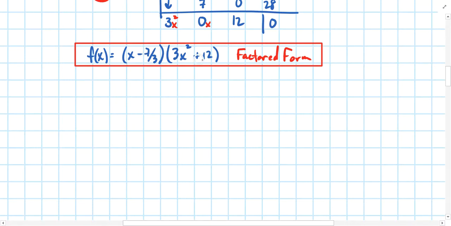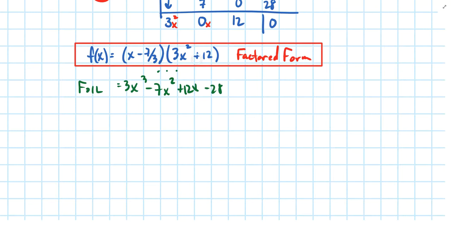And with this being a pair of two binomials, if I FOIL these back together, I should end up with 3x cubed minus 7x squared plus 12x minus 28. I should see that after I FOIL it back together, and I bet I would.